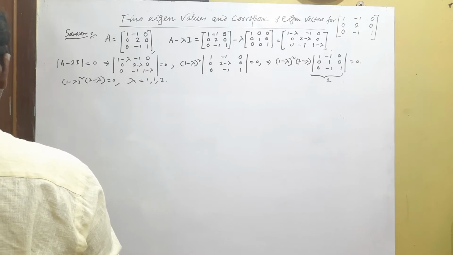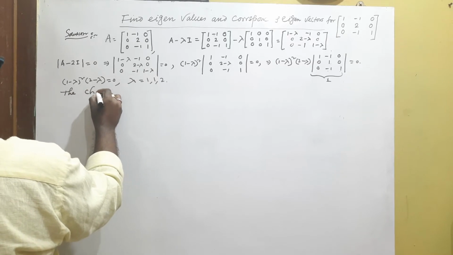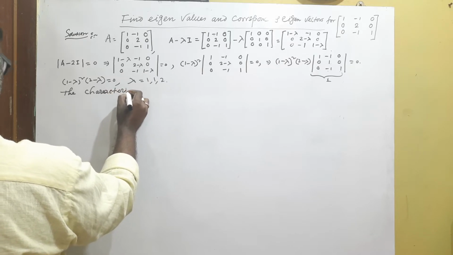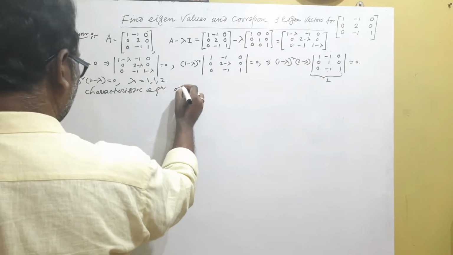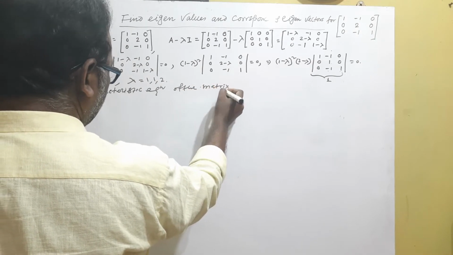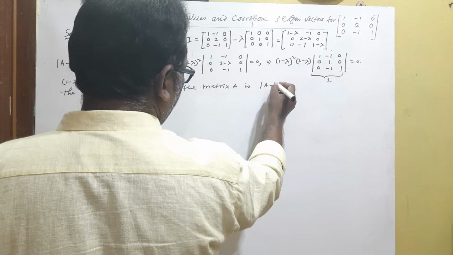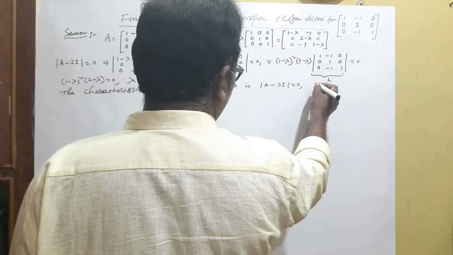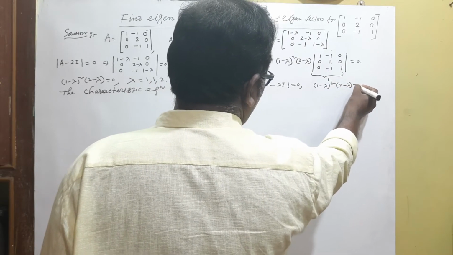The characteristic equation of the matrix A is 1 minus lambda whole square times 2 minus lambda equal to 0.